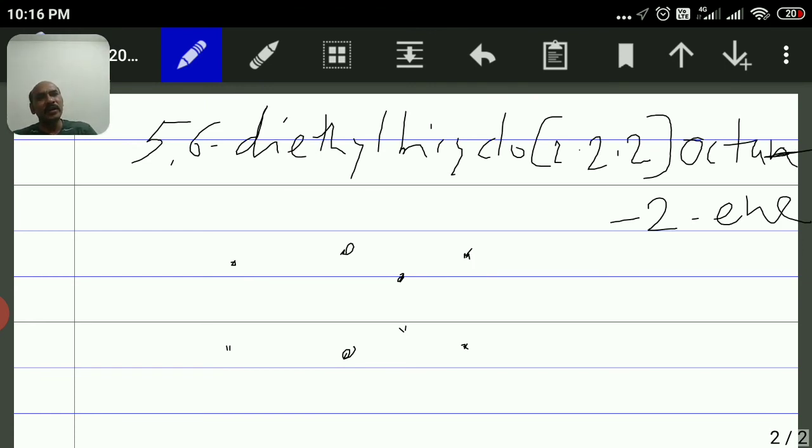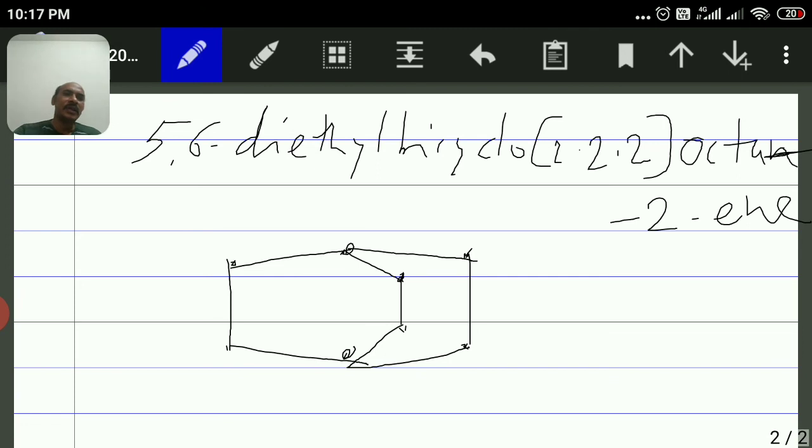Then I will connect these 2 dots together, these 2 dots together and these 2 dots together, and all of them come to the junction of the bridgehead carbons. Like this.